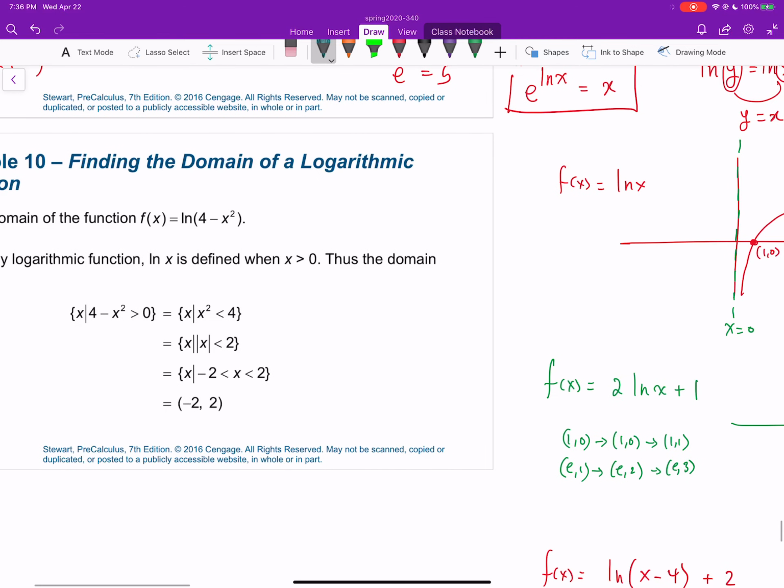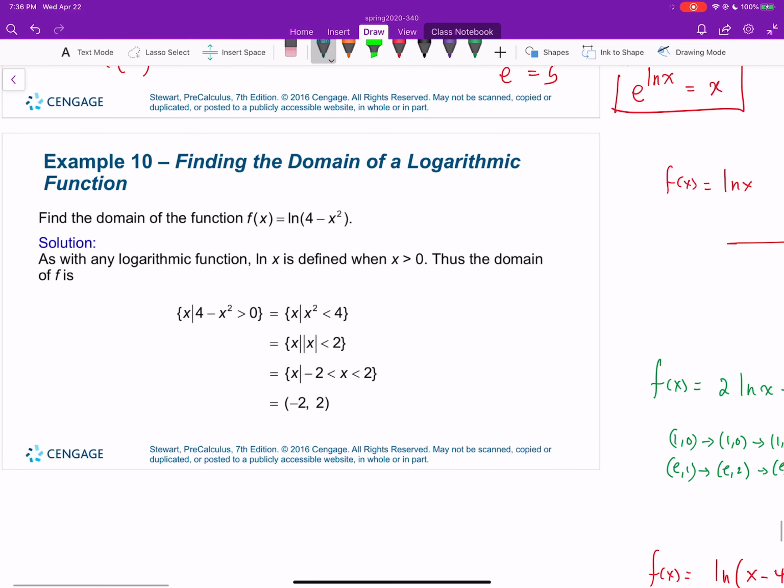So in this case, I have ln of 4 minus x squared, and I want to find the domain. I'm going to set 4 minus x squared greater than 0. If I solve this, I get 2 minus x, 2 plus x greater than 0. My zeros are negative 2 and 2. If I put it on the number line and test it out, if I pick an x value greater than 2, it makes this region negative.